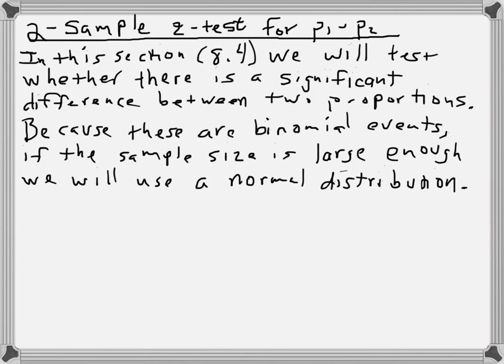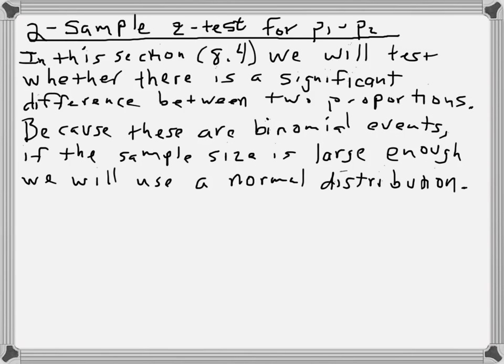All right, so in this section, 8.4, we will be testing whether there's a significant difference between two proportions, essentially from two populations. Because these are binomial events, that is, if we're sampling from a population and looking at a proportion, maybe, I don't know, we're sampling 100 people and trying to find out how many eat mayonnaise with their French fries, we consider this a binomial event.